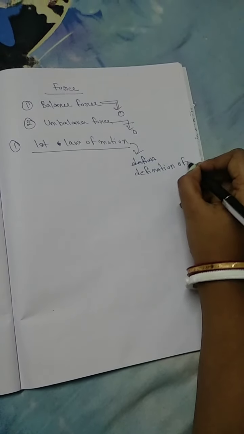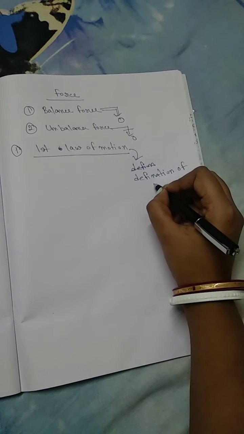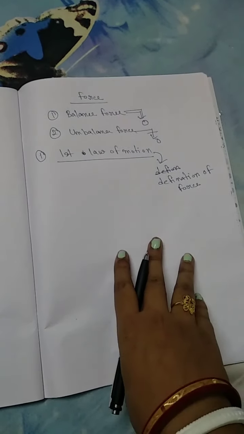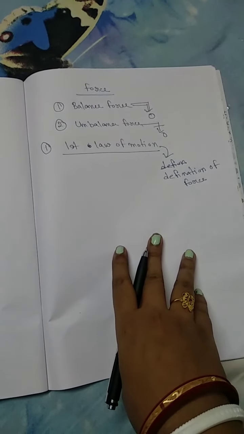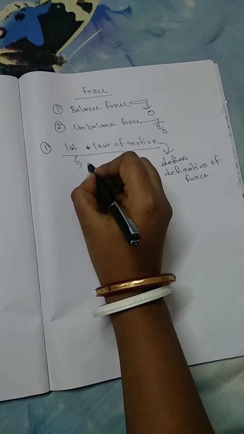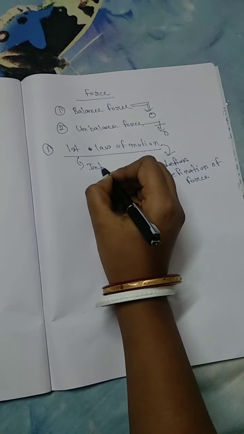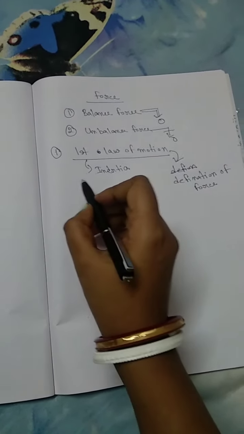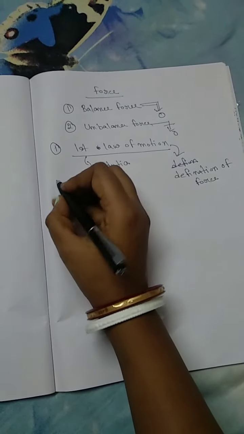Please try to remember this one. Now from the first law of motion, another thing is arrived, which is called inertia. That's why this first law of motion is also called the law of inertia.